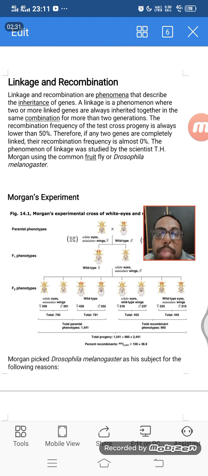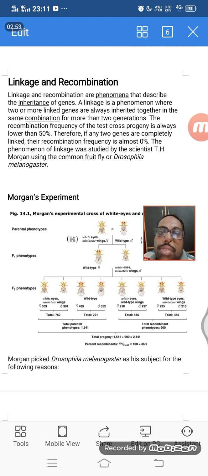The picture is down here, and we can see Drosophila melanogaster whenever we go to fruit markets. Whenever the fruit gets ripe, you can see small flies coming there. So those are the flies he took for the experiment. Not an experiment, he just observed them.